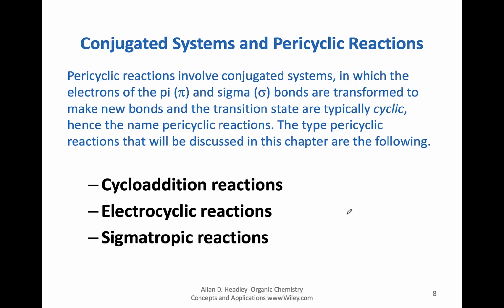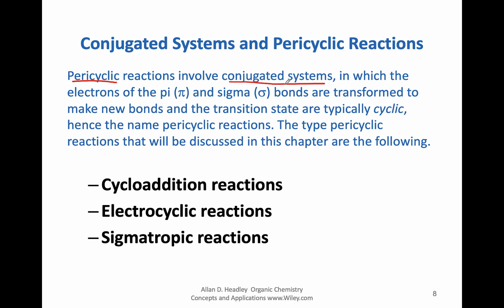Okay, let's see how we can apply that. So now let's look at pericyclic reactions. Definition: pericyclic reactions involve conjugated systems. Again, we will have to be able to recognize a conjugated system and determine if it can participate in pericyclic reactions or not.